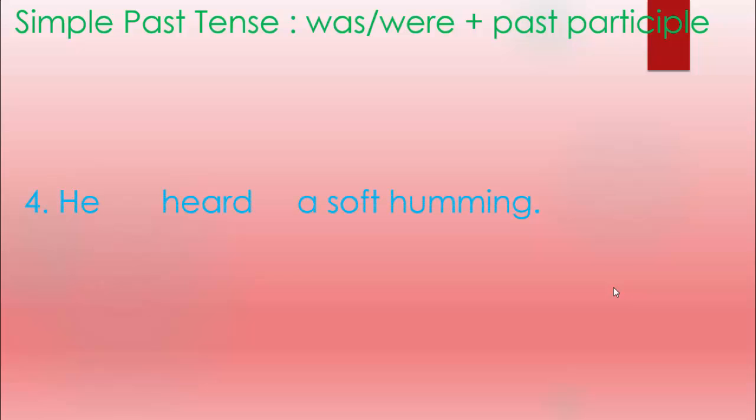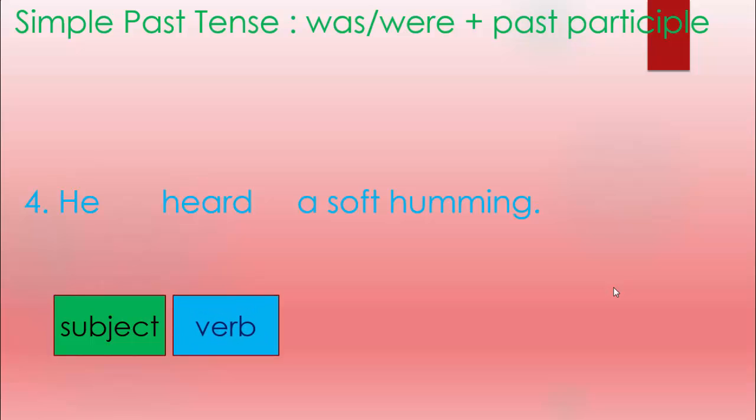He heard a soft humming. So which is the subject? He is the subject. Which is the verb? Heard is the verb. And which is the object? A soft humming is the object.